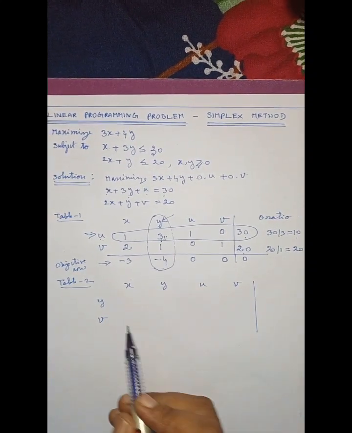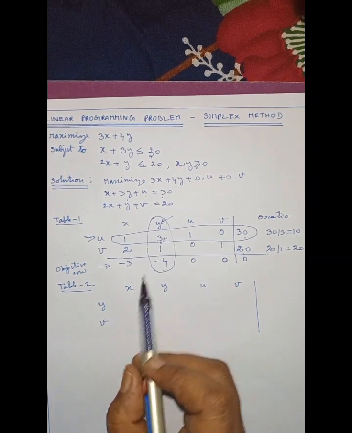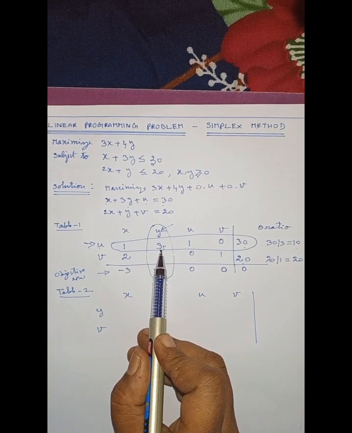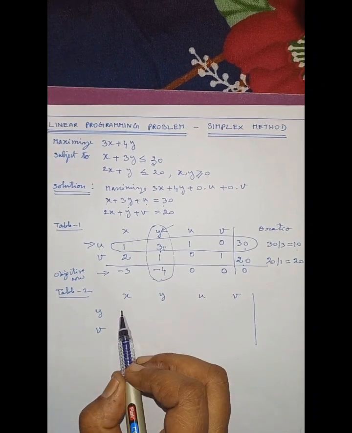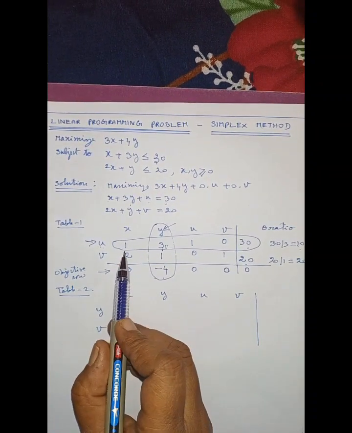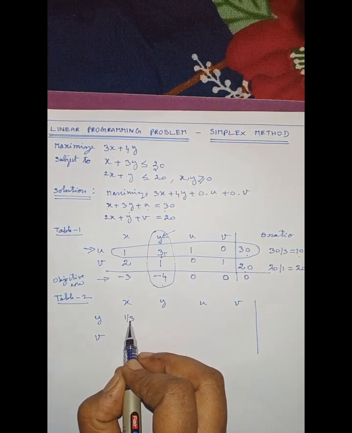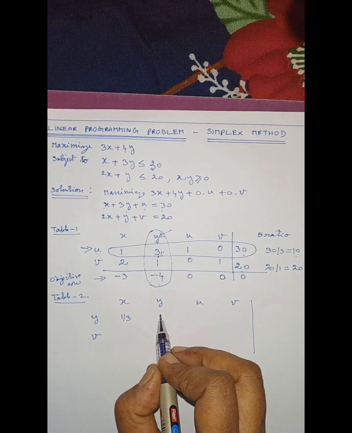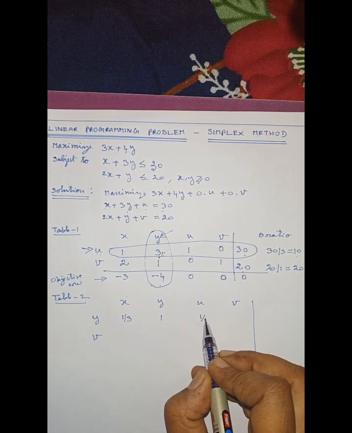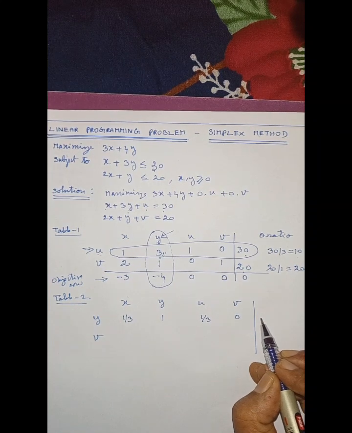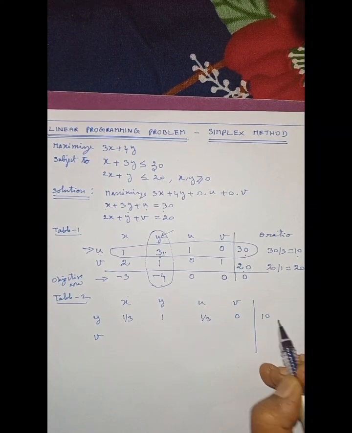Okay, so first of all we have to write the new row. All the values in the pivot row must be divided by the pivot element, so that we will get the new row. So here the already existing value 1 divided by 3 gives 1 by 3, and here 3 by 3 is 1, here it is 1 by 3, and then it is 0, and here it is going to be 10.